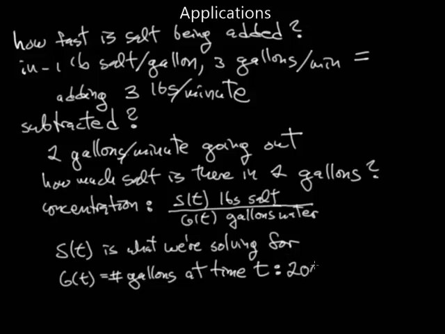So ignoring the salt, you're starting at 200 gallons, and you're adding a gallon per minute. That's just the water, ignoring the salt, because 1 is equal to 3 minus 2. So G of t is 200 plus t. Okay, so now we're getting close to having a differential equation.